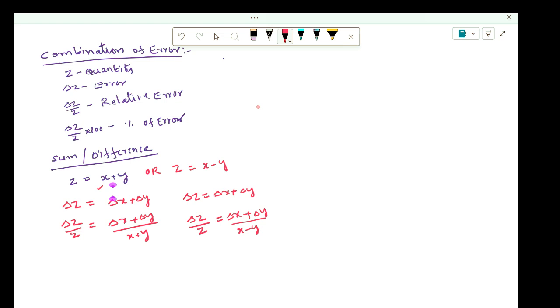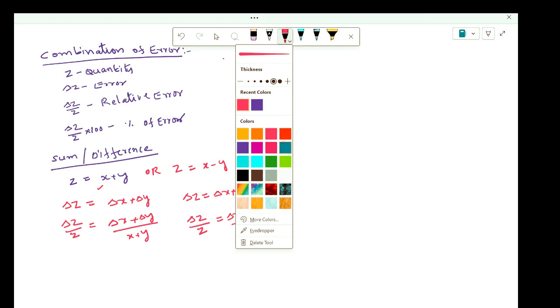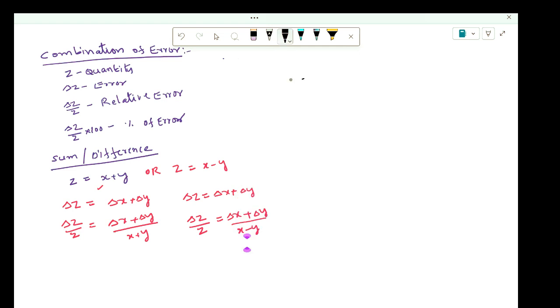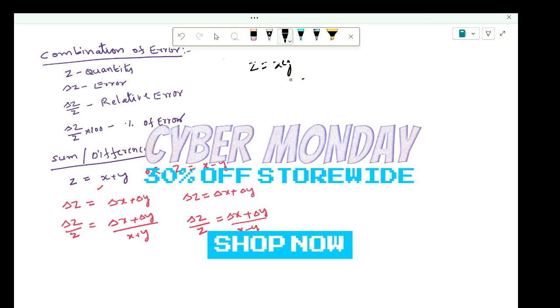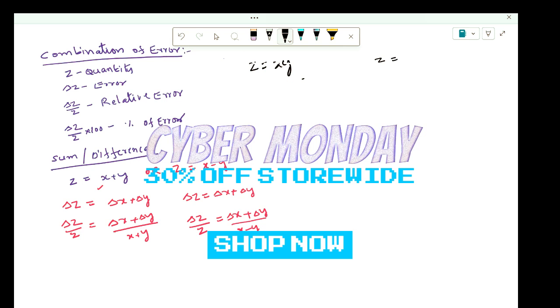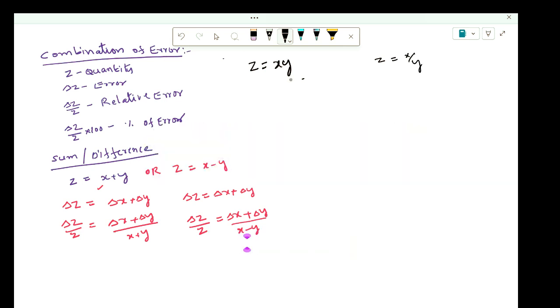Now the product, for example, z is equal to x into y, xy, or z is x by y. For z equal to x into y, dz is given by the product rule: x into dy plus y into dx.